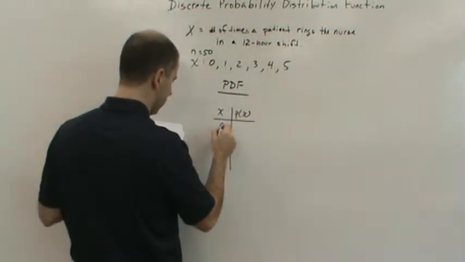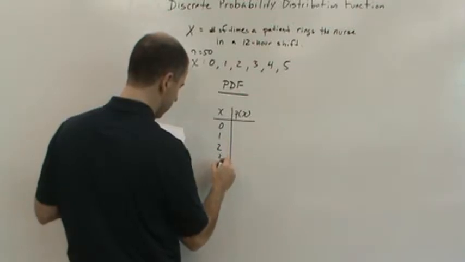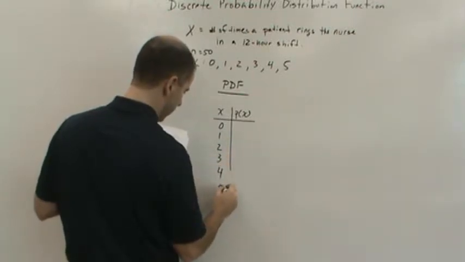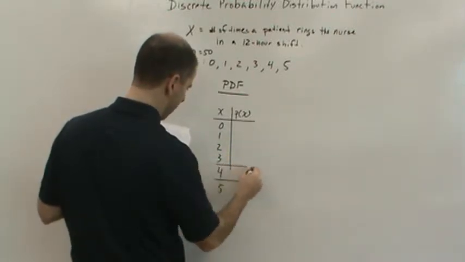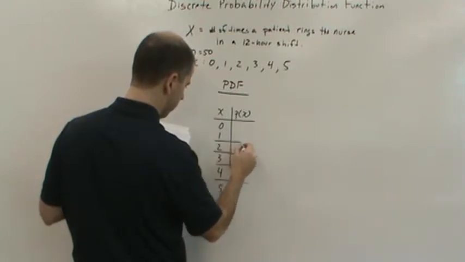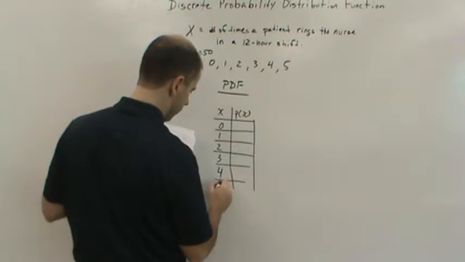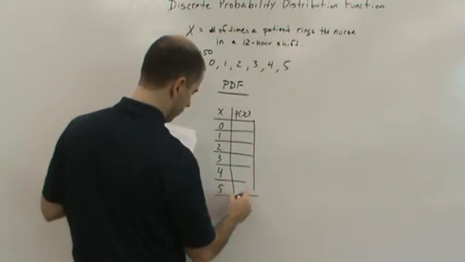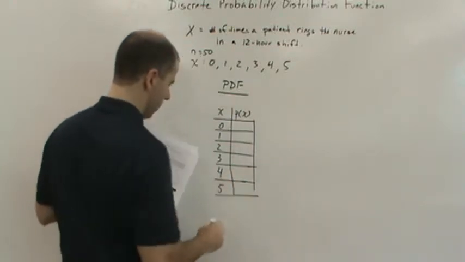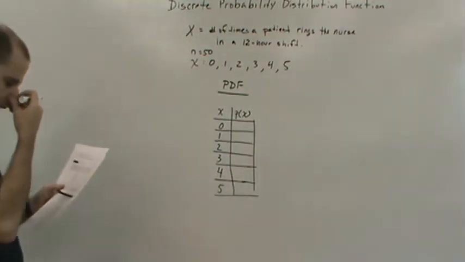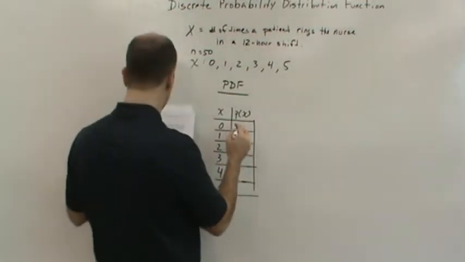So here's 0, 1, 2, 3, 4, and 5. Now here's the table that they came up with.